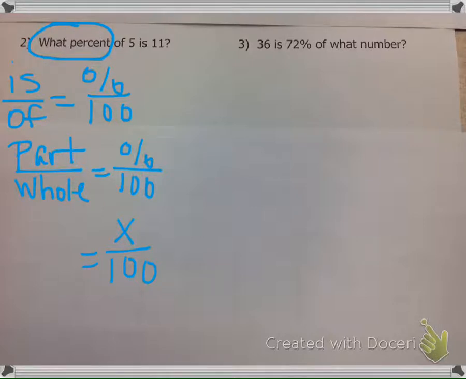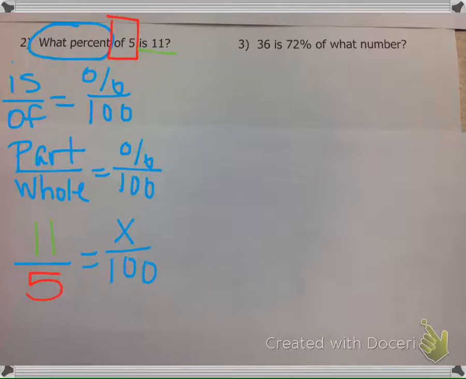Now this is the difficult one. This one is a tough question. What percent of 5? As soon as you see the word of, the number after the word of, that's going to be your of. Okay? So you see that? Of 5, that's your of. That's your whole. Is 11, that's going to be your is.